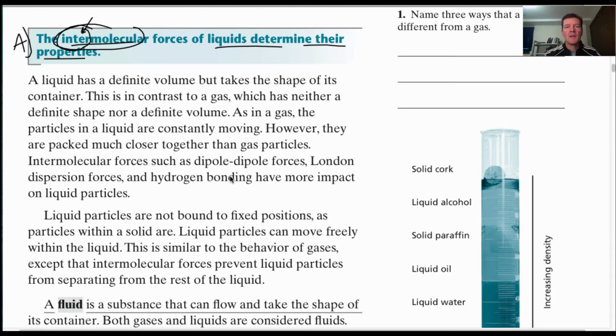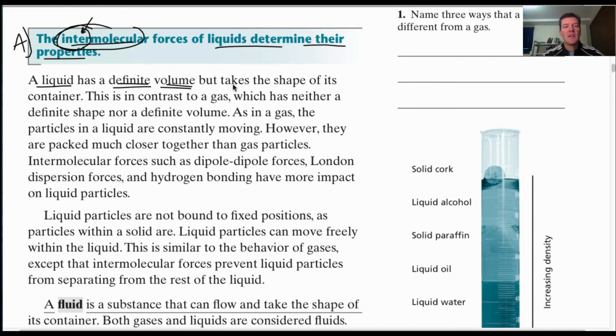Okay? Here are some characteristics you should know of a liquid. A liquid has definite volume, meaning you can measure the volume. You can say I have a gallon of water, or if we use metric, I have a cubic millimeter of water, or cubic centimeter.